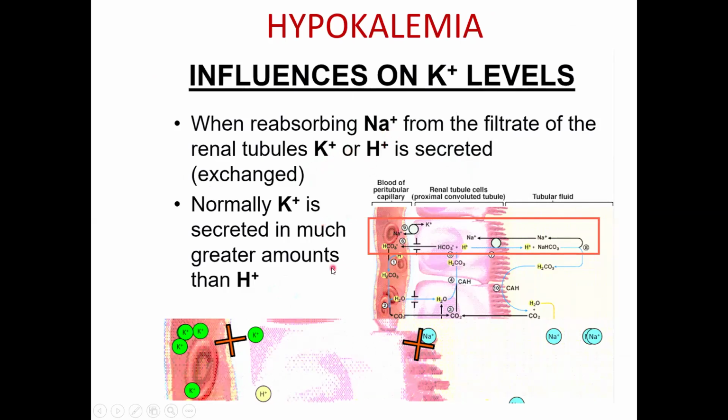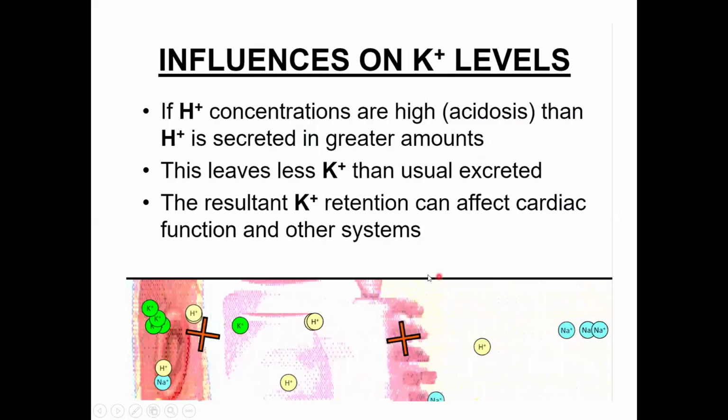But what happens when the hydrogen ion concentration increases, a condition known as acidosis? Instead of potassium, more and more hydrogen ions are going to be excreted. As a result, potassium remains trapped inside the cells, which is known as the retention of potassium, and there is a lack of concentration in the bloodstream.